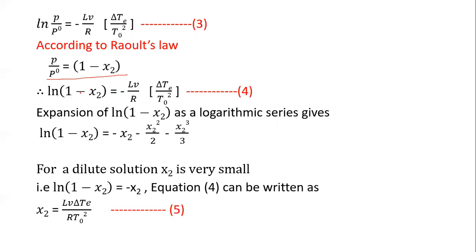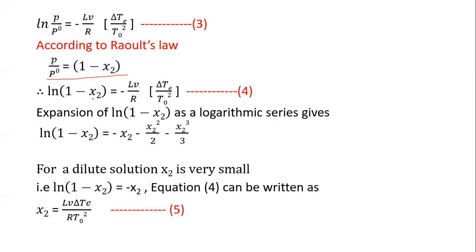So we can substitute now P upon P0 by 1 minus x2. Now we can write here ln 1 minus x2 is equal to minus LV upon R. Now the RHS is the same.